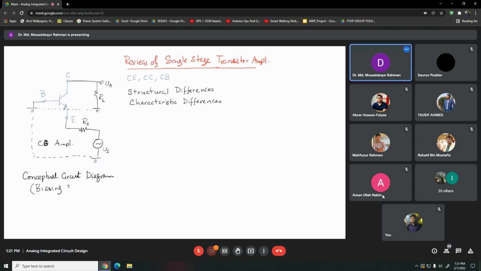The biasing circuit. What is the biasing circuit? These are actually without biasing circuit, right? These circuits are without biasing circuit.